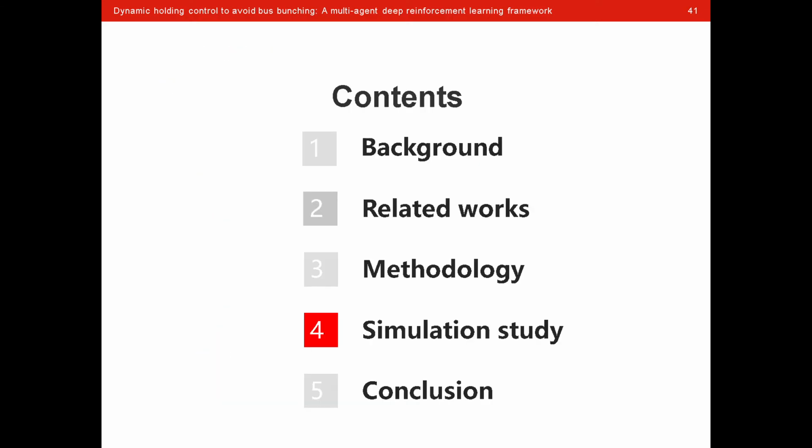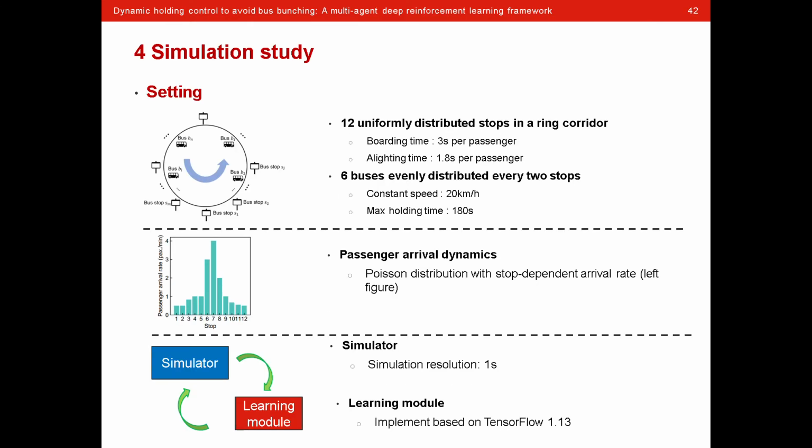Now let's come to the simulation study to demonstrate the performance of this method. Let's begin with the setting. There are 12 uniformly distributed stops in a ring corridor, and the boarding time is 3 seconds per passenger, while the arrival time is 1.8 seconds per passenger.